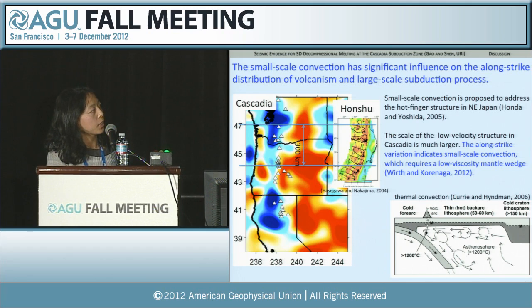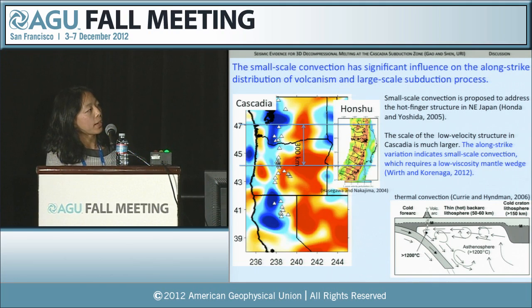By comparing the Cascadia and the Honshu subduction zones, we can see that the low velocity volumes in the Cascade Backarc are of much larger scale compared to the Honshu subduction zone. However, the along strike variation of the low velocity volume indicates existence of small-scale convection, which requires a low viscosity mantle wedge.